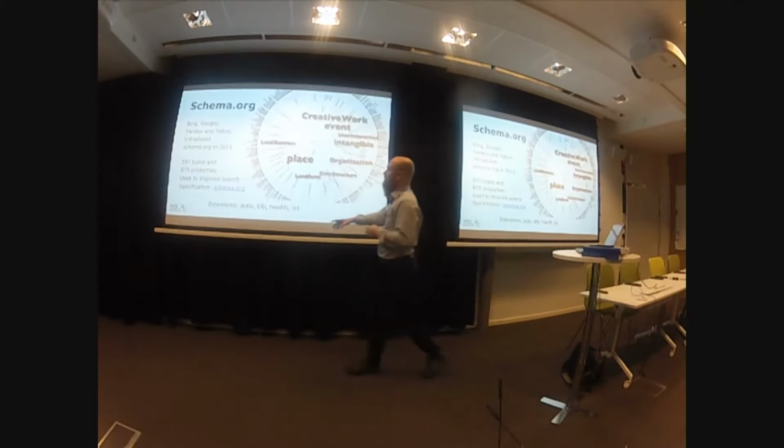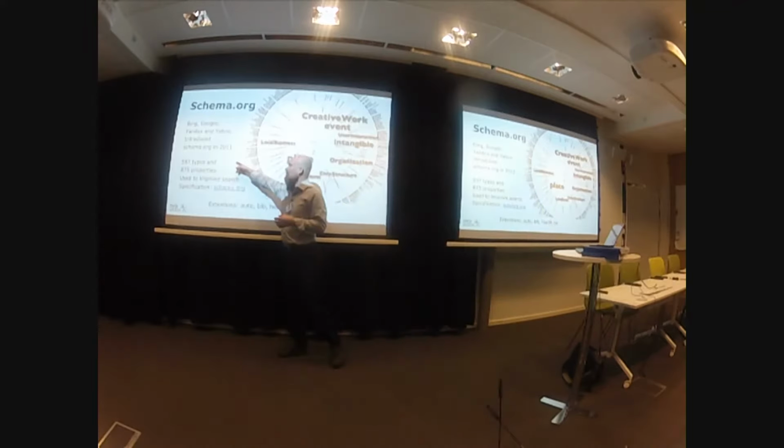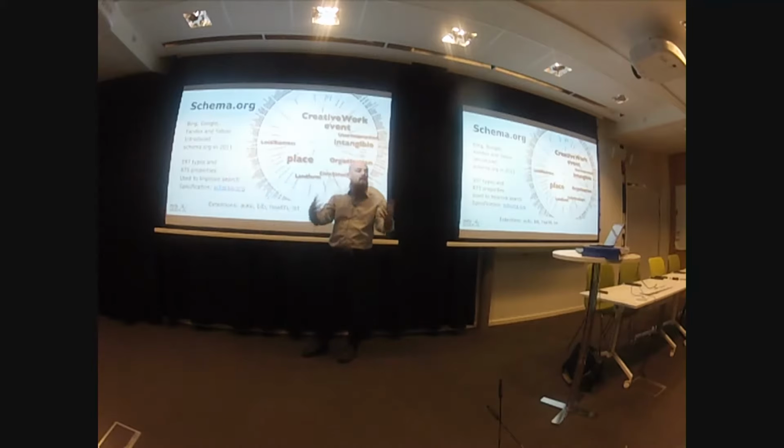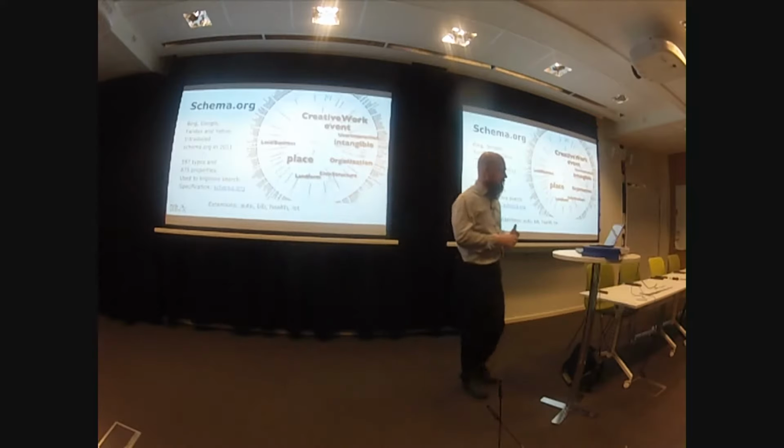Why the number has gone down is not because it is unsuccessful, but so successful that a lot more classes have been defined and they needed to handle that. That meant that they moved them out into extensions for the auto industry, bibliography, health, and Internet of Things.